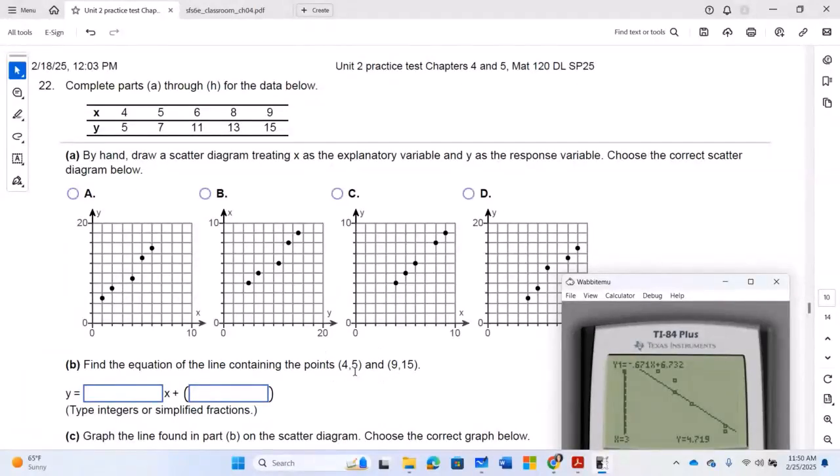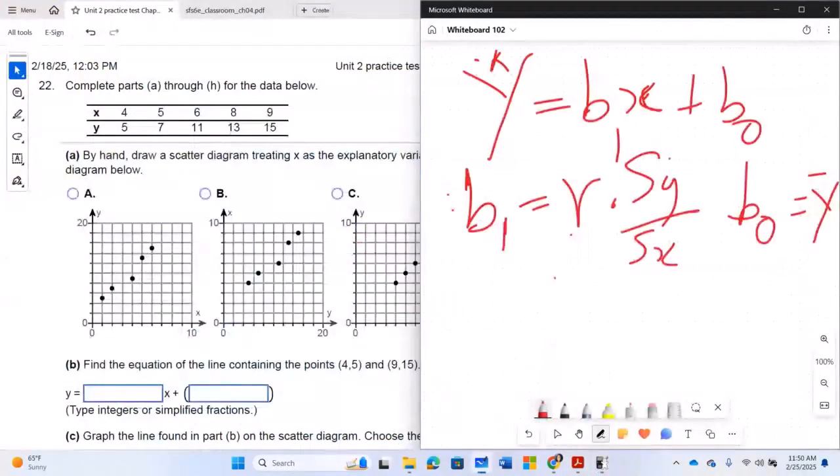They want me to plot the points, but the most important thing is to make sure we review the slope of a line. Given 2 points, the 2 points given to us are (4, 5) and (9, 15).